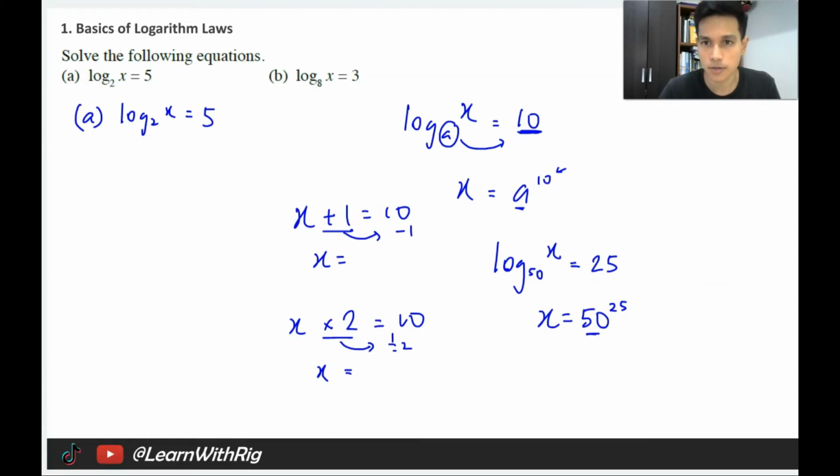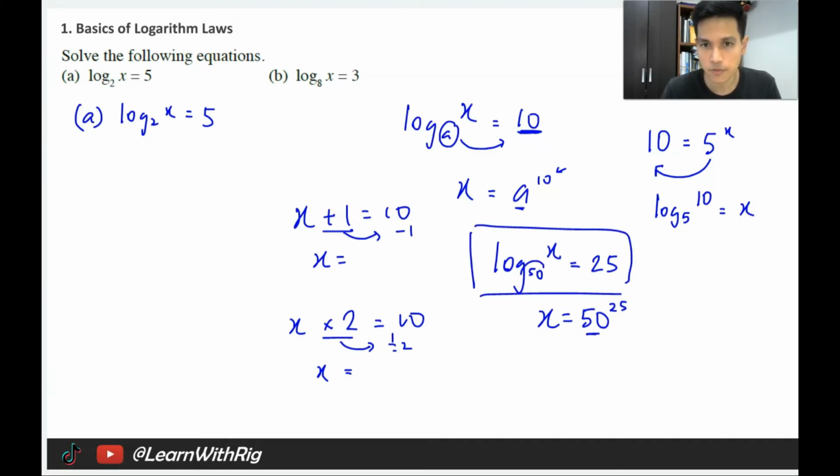Or let's say I change the question so it becomes like this: 10 equals 5 power x. If you want to solve for x, you can take the 5 and bring it to the opposite side, and it becomes log 10 base 5 equals x. So you notice that in the earlier case, you shift the base of the log to the opposite side and it pushes the value up, so it becomes 50 power 25.